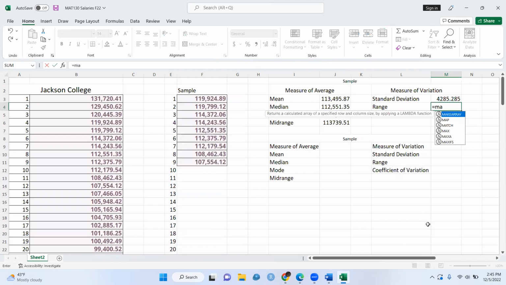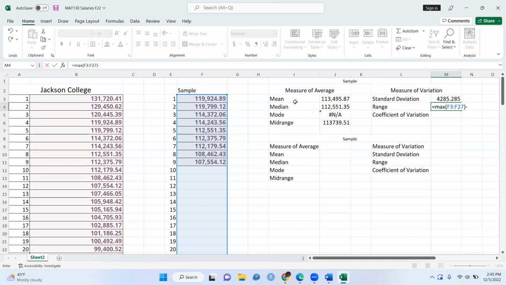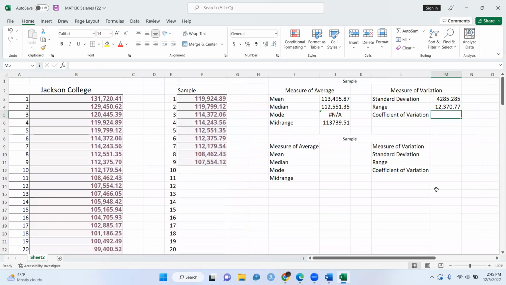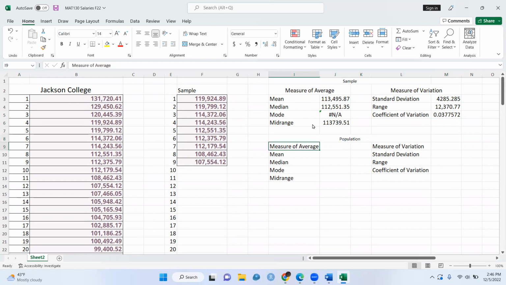Range, remember that's the maximum value, so I'm selecting those same cells minus the minimum value. Here's my range. And then remember that coefficient of variation is the standard deviation divided by the mean. There they all are.